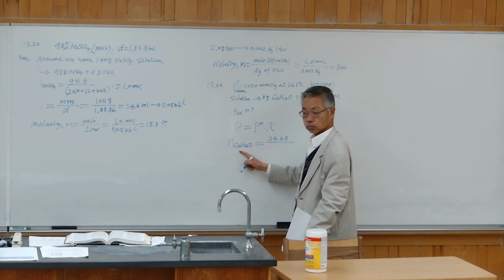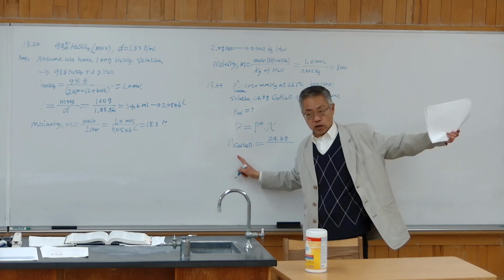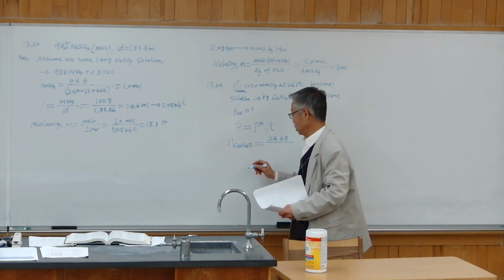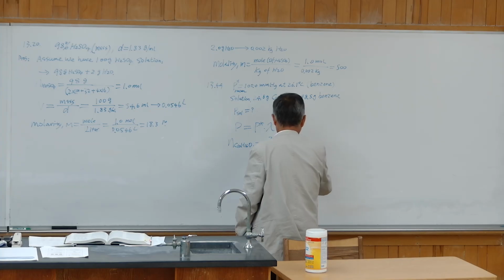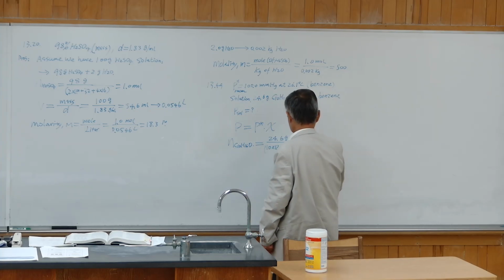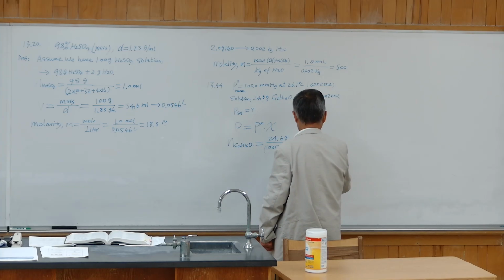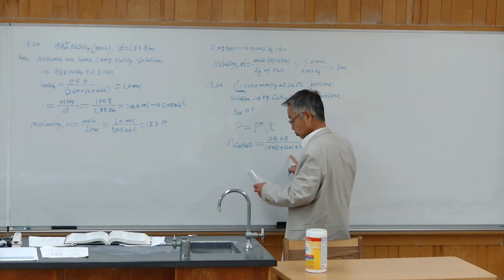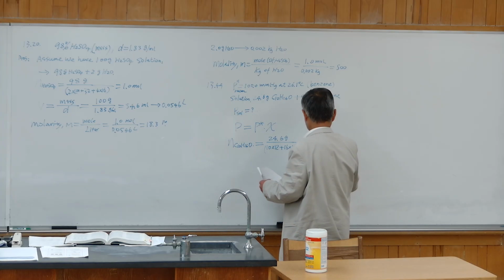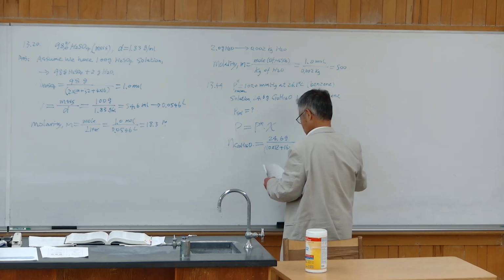Use this formula with the help of the periodic table. 10 carbon, each carbon is 12. 16 hydrogen, each hydrogen is 1. 1 oxygen is 16. This is the molar mass. So mass divided by molar mass, we get 0.162 mole.